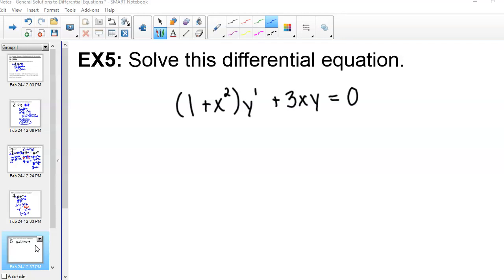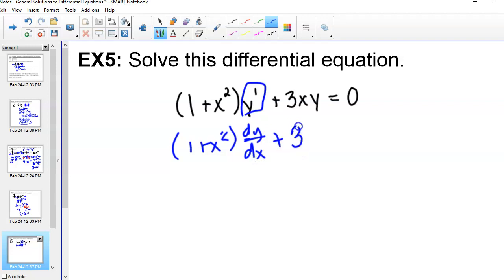This one is by far our most complicated one that we'll see today. And so, again, remember I said that y prime, we really don't want to use the y prime. We want to think of this as 1 plus x squared dy over dx plus 3xy equals 0.